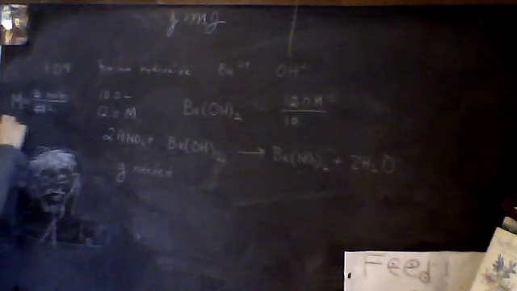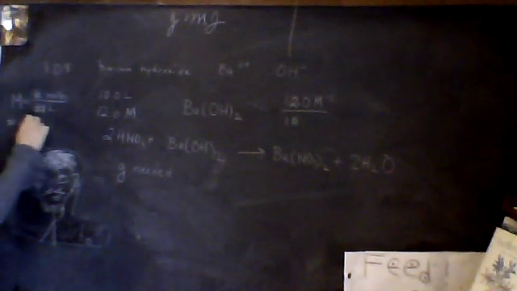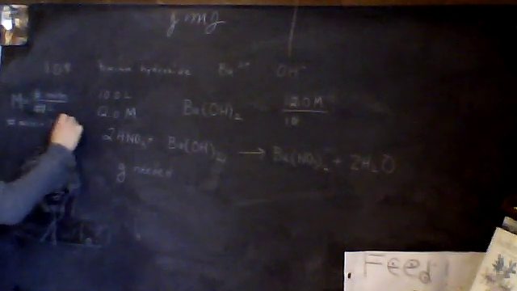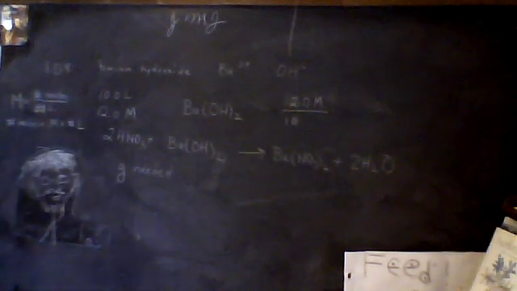The number of moles will be the molarity times the number of liters. How many liters do we have? 10.